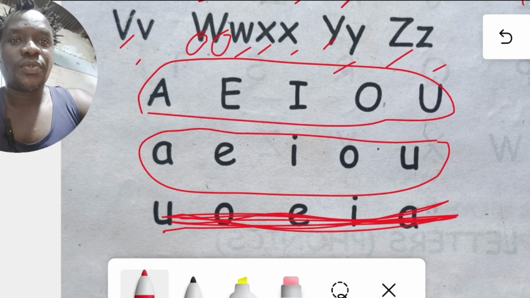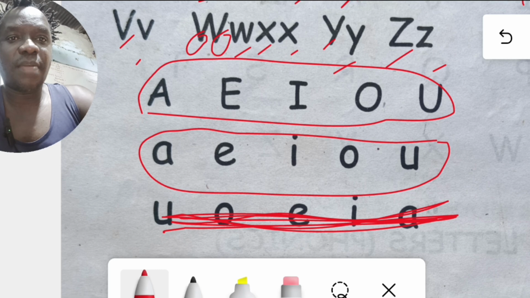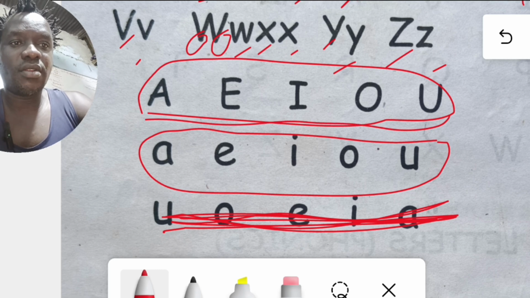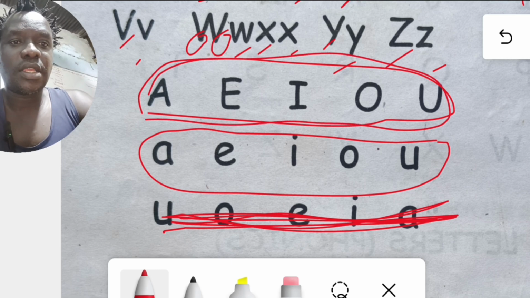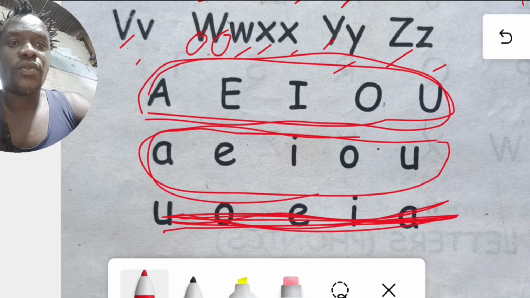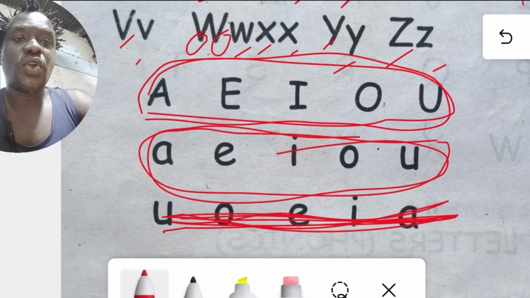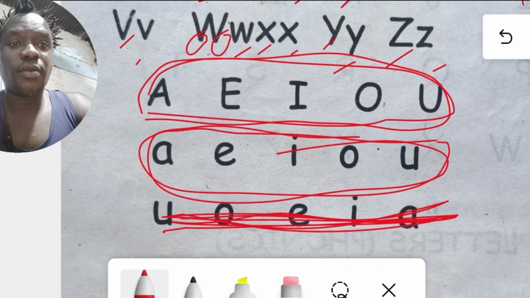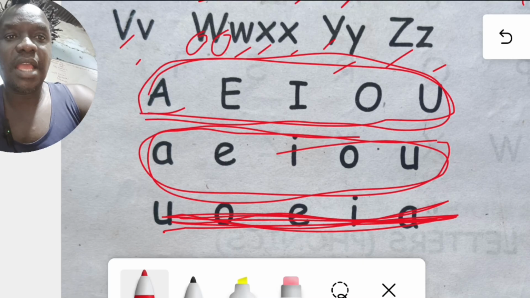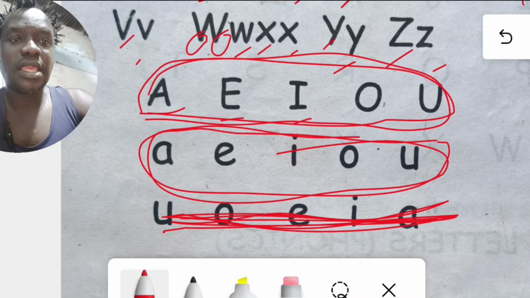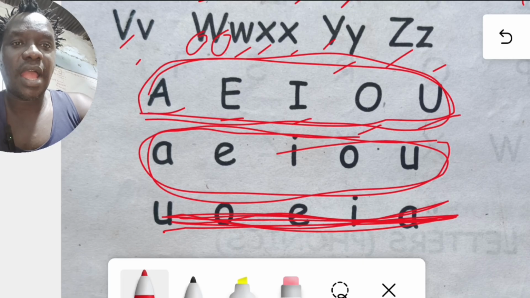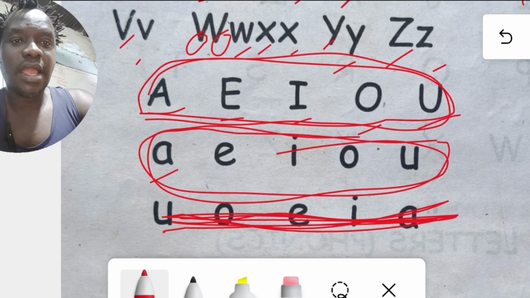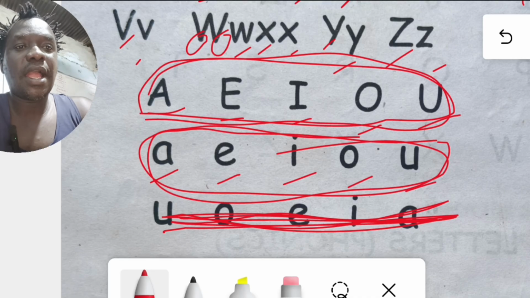This one is a capital vowel, and this one is a small vowel. So these vowels come from the alphabetical letters. How do you read this? This is a, e, i, o, and u. The same: a, e, i, o, and u.